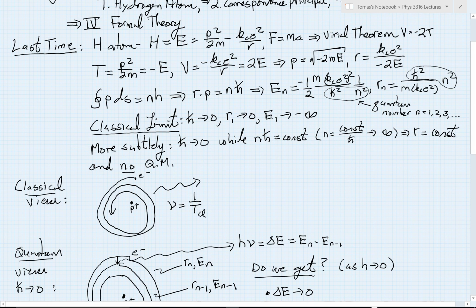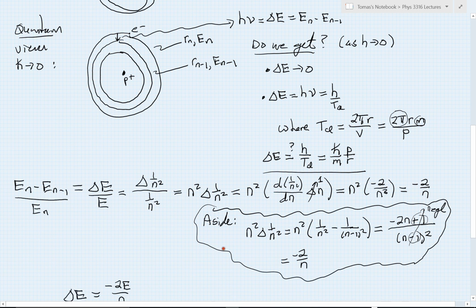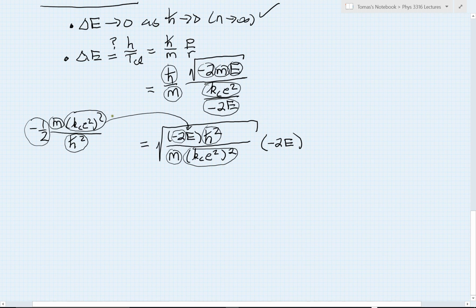The energy had those factors, but of course it also has the 1 over n squared. So the energy I substituted should have had a 1 over n squared. So you'll notice I checked off all the pieces in here. All of these terms out here cancel all of these terms here. All that is left inside the square root is just 1 divided by n squared. And of course the square root of that just gives me, look at that, 1 over n times minus 2E.